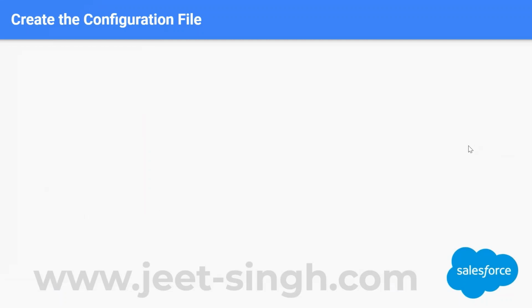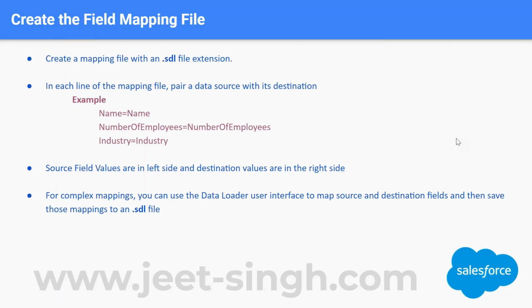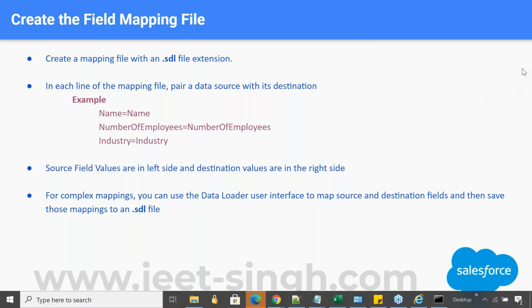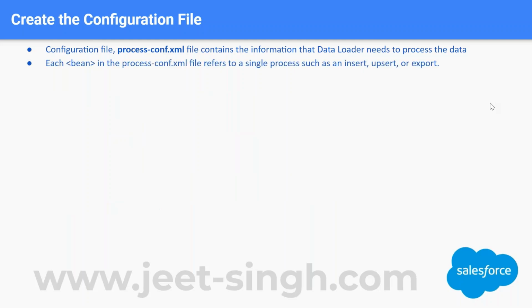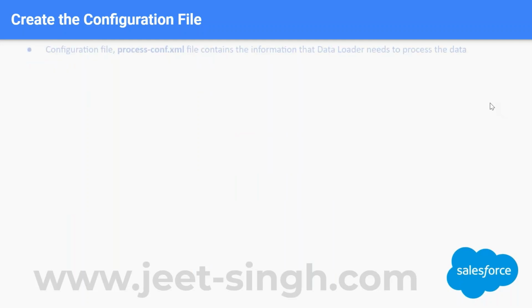Okay, that is it. Now we are done with encrypting the password, and we have also set up the field mapping file. What is the next thing? The next thing is we just have to work with the configuration file. We have to go to the process-conf file, which contains the information that data loader needs to process the data.